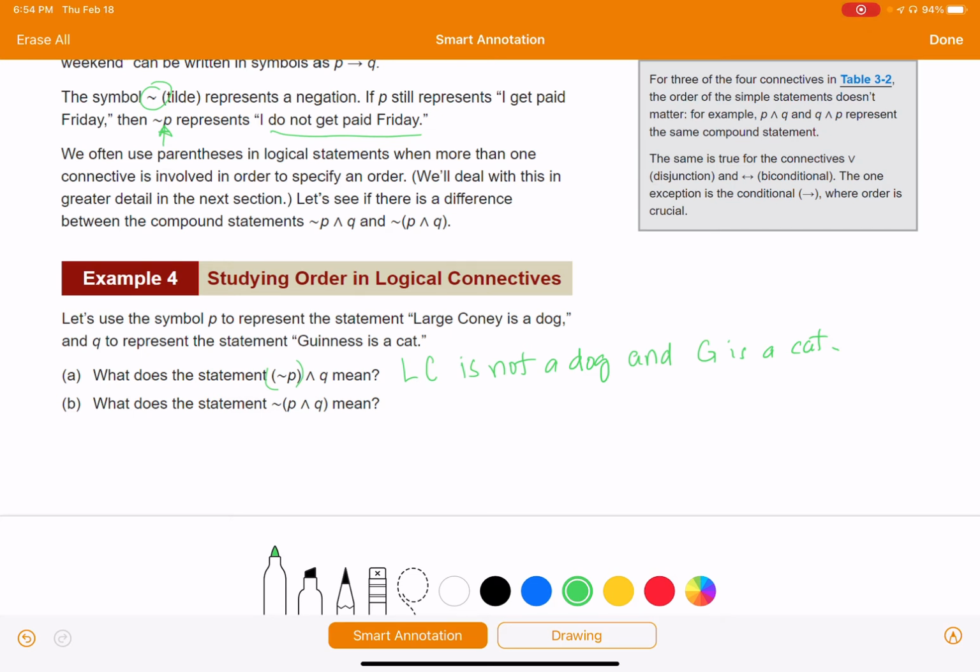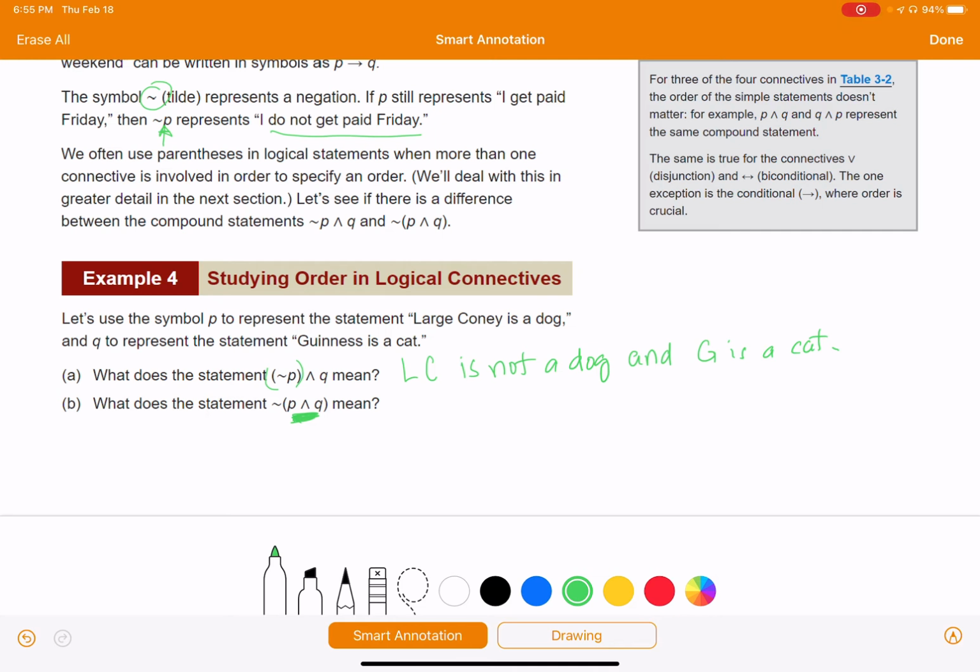Part B says, what does the statement not (P and Q) mean? Now we have to negate the whole statement. So we first have to look at P and Q, which would be Large Coney is a dog and Guinness is a cat. Now we need to negate that whole statement.